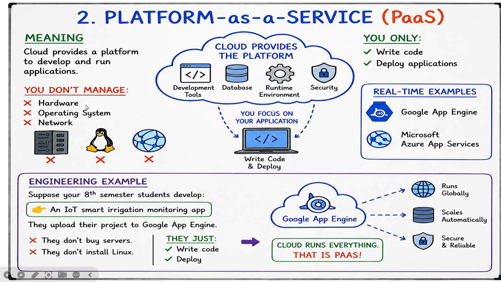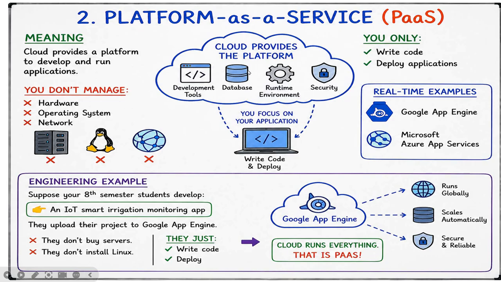Then here you can see it states that the cloud provides a platform to develop and run the applications. Like in traditional systems, developers had to purchase the servers, install the operating systems, configure the networks and maintain the hardware.